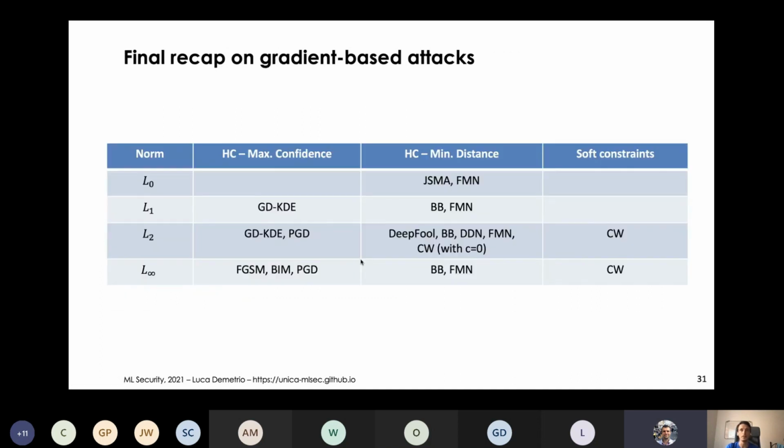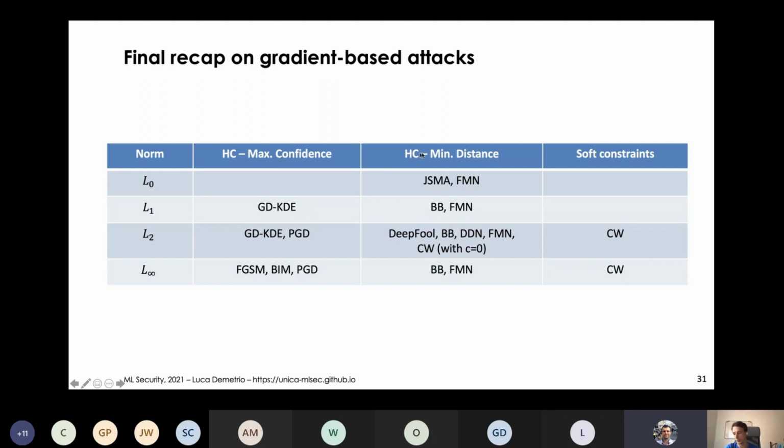So to conclude this very, very giant wrap-up on attacks, this is basically a table where you can find what the attack does from the point of view of the constraints, and what the attack does from the point of view of the norm. So for the L0 norm, you have JSMA and FMN.